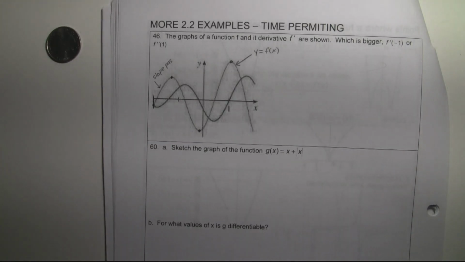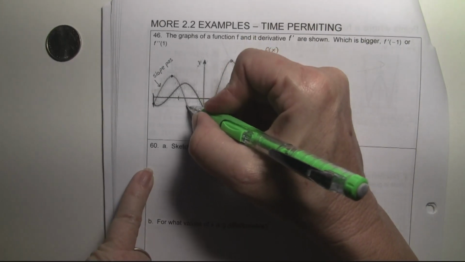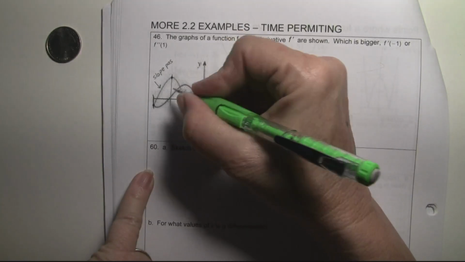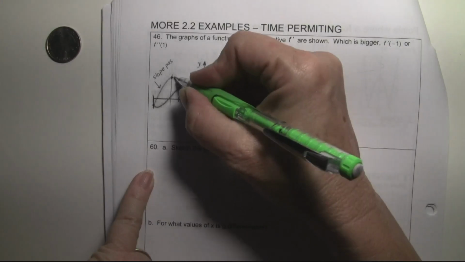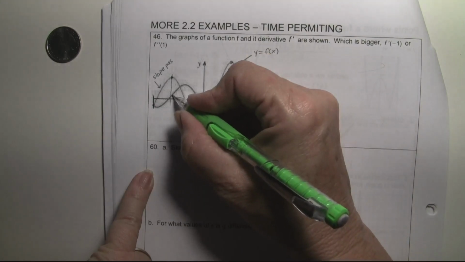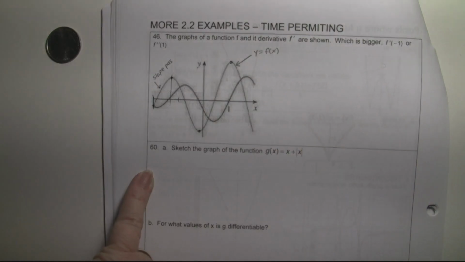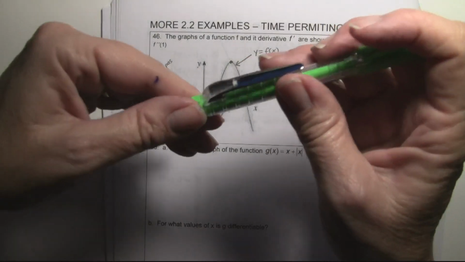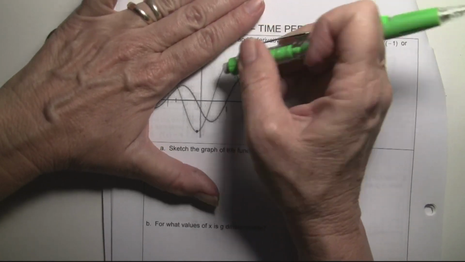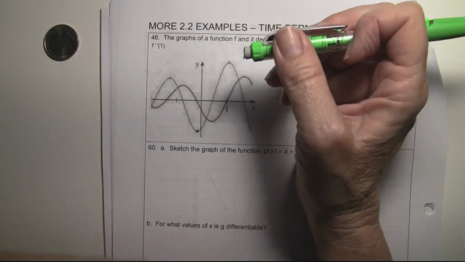And in fact, as I kind of go along here, I'm going downhill. And so that would mean from here all the way to here, because I'm going downhill, the slope is negative. That would mean this curve would have to be under the x-axis, but it's not. Okay, so what I want to do is erase this being the derivative, the function, and I want to now guess, and I guess I got unlucky, I don't know.